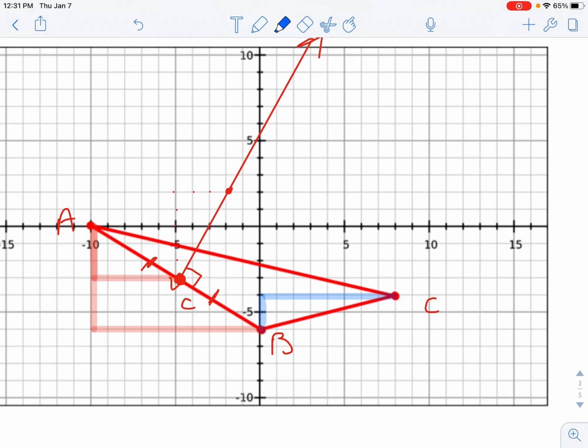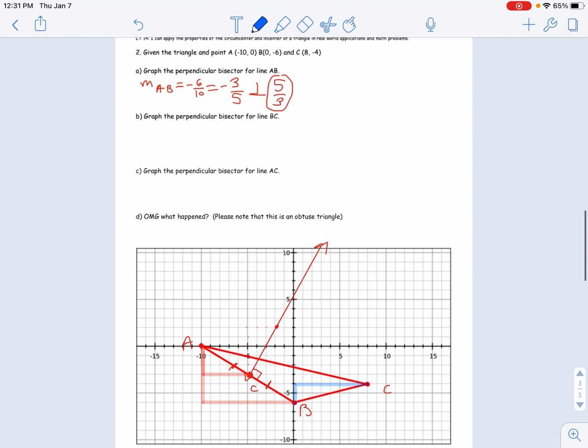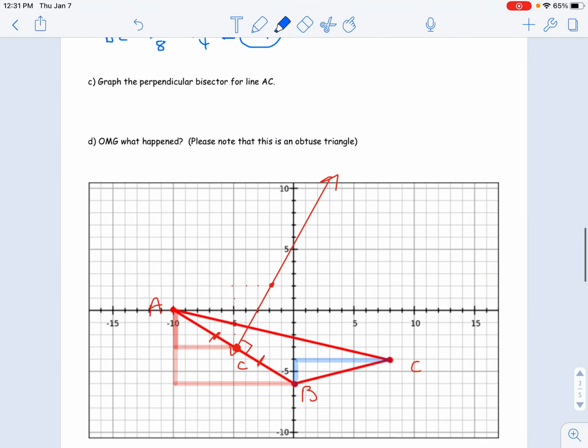BC has a rise of 2 over 8. So the slope of BC was 2 over 8, which reduces to 1 over 4. So perpendicular to 1 over 4 would be negative 4. Change the sign and flip.